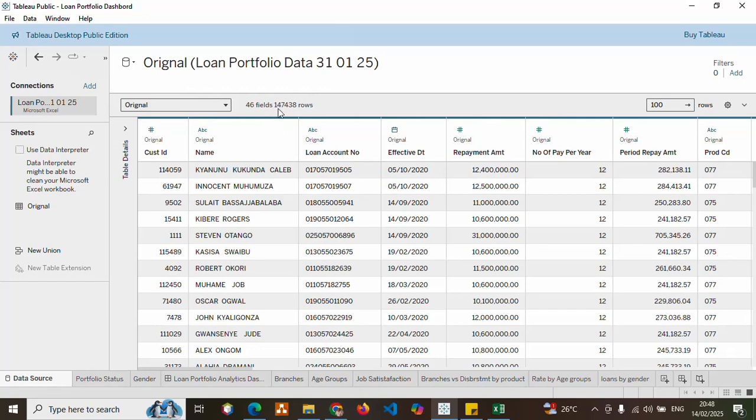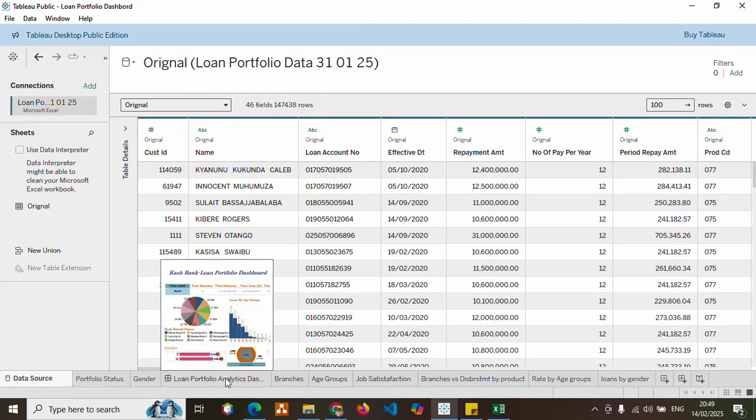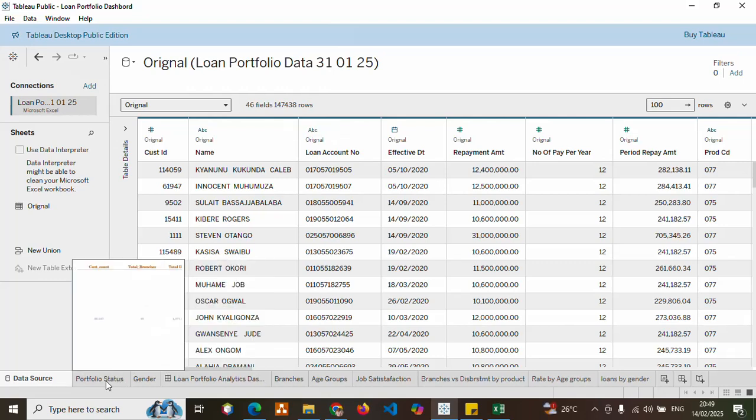The number of records we've seen, the number of rows, the number of records, they are over 147,000, and the loan portfolio is totaling to around 1.27 trillion.